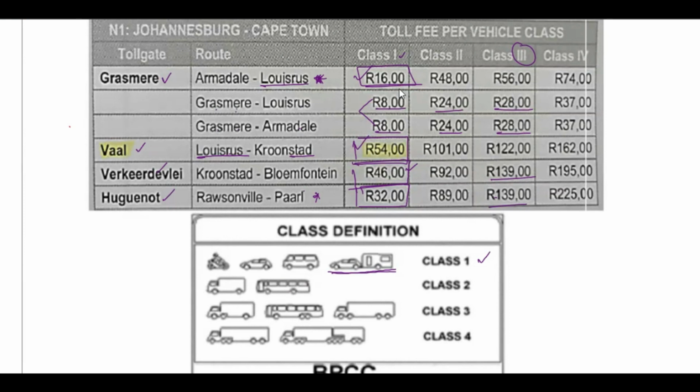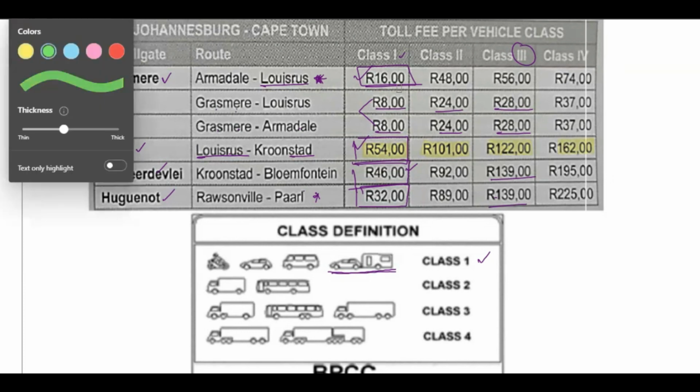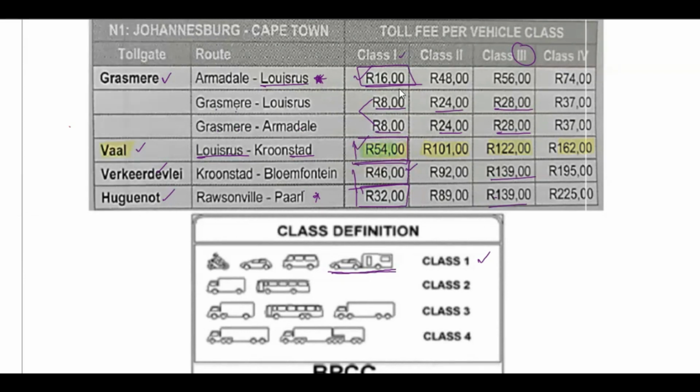That's class 1, class 2, class 3, and class 4. That's what you're looking at. So how much are they going to pay? So what we're going to do, we're going to multiply.